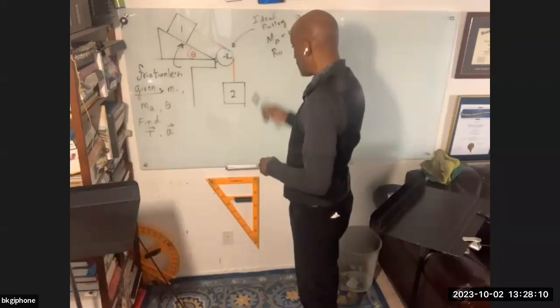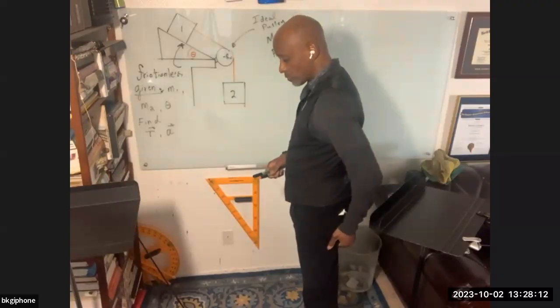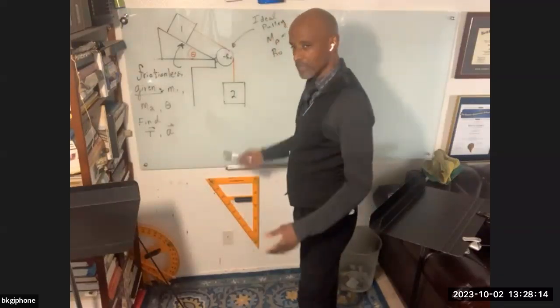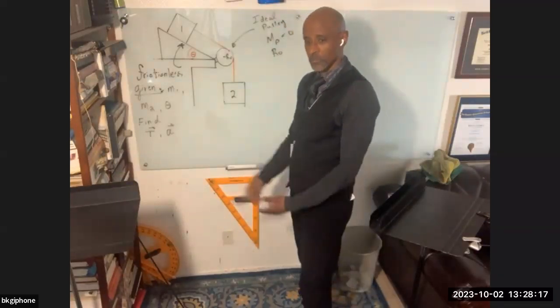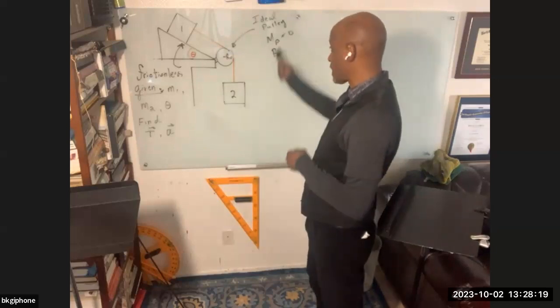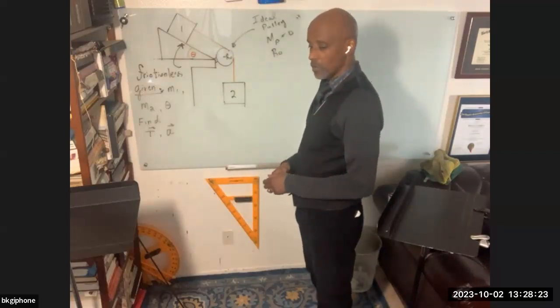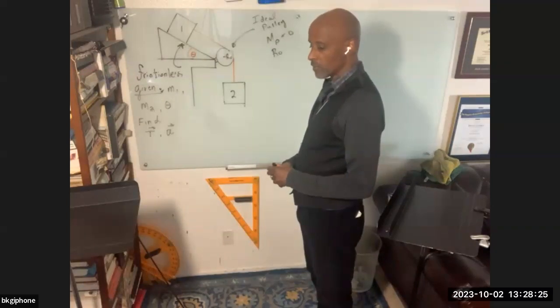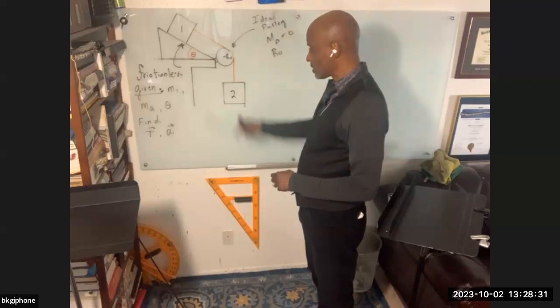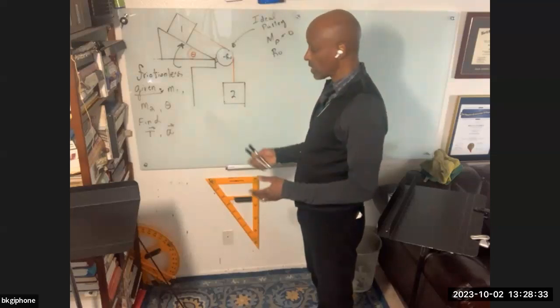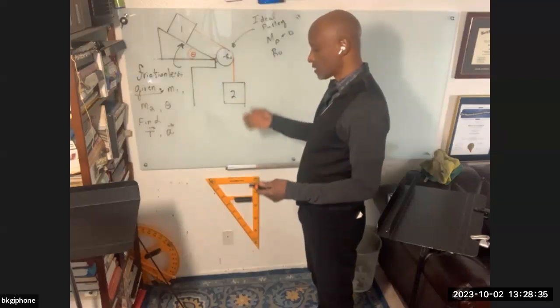And so the tension on either side of the pulley is the same. It's not really the purpose of a pulley to change the force, but if it's ideal, you can. As we'll find out, that has to do with something called the moment of inertia of the pulley. But if the moment of inertia depends upon the mass, and the mass is zero, then the moment of inertia is zero, and the pulley just redirects force.